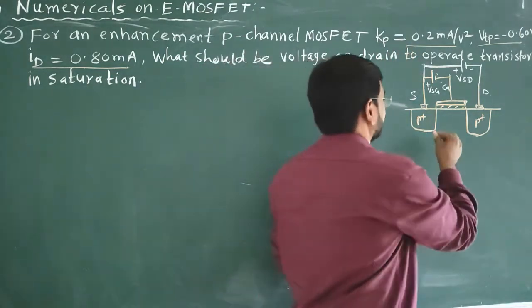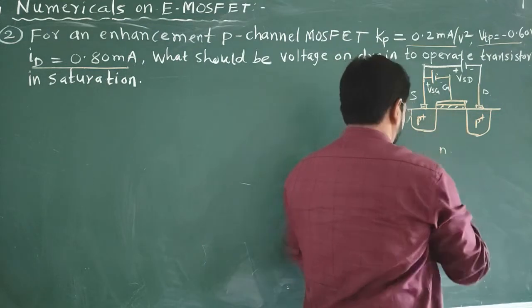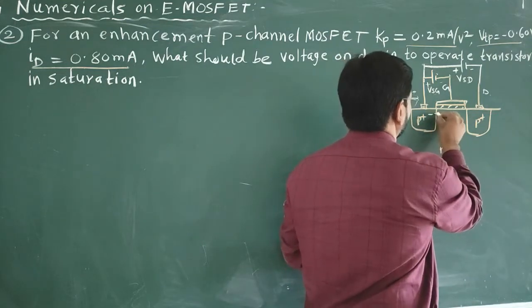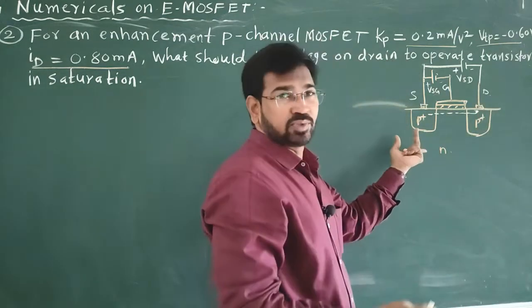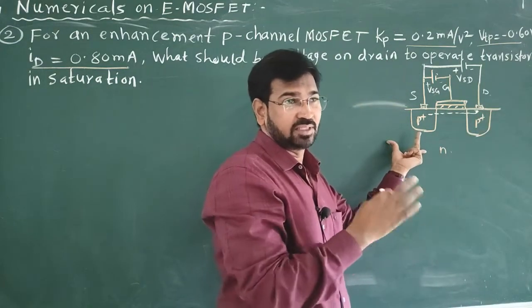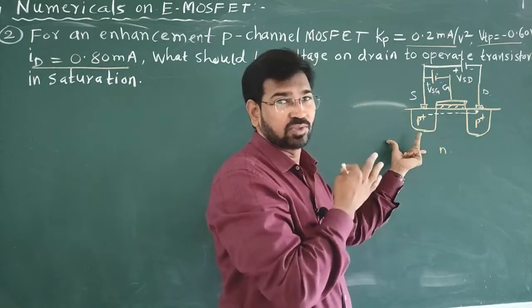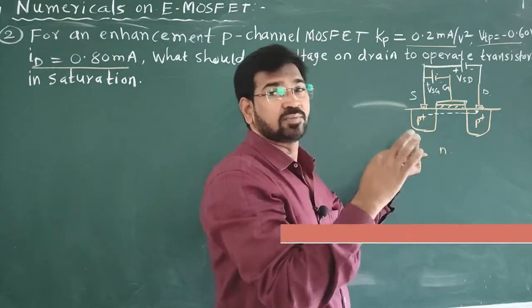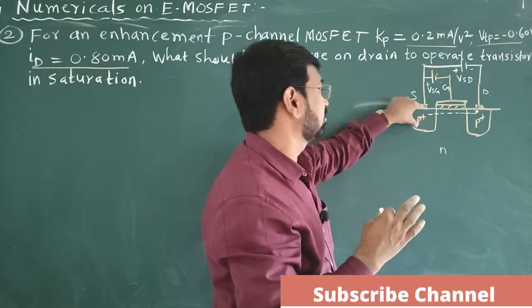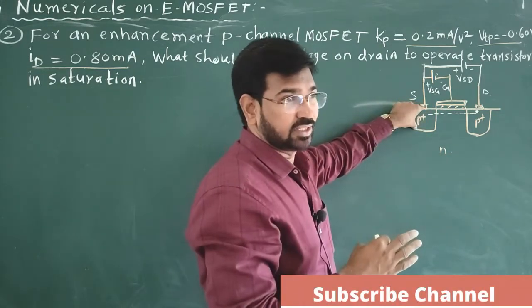Because of that, the direction of current is from source to drain, exactly opposite to the direction in NMOS, where the drain current flows from drain to source. Here PMOS current flows from source to drain. It is the direction of movement of holes, as holes are moving from source to drain.